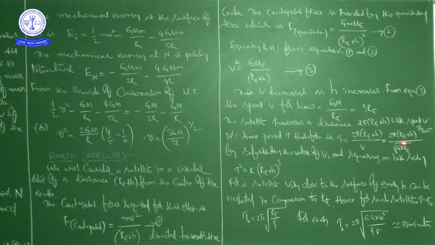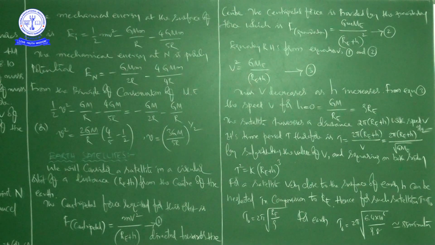So T square is equal to k into (R_E plus h) whole cube, where k is equal to 4 pi square by GM_E.